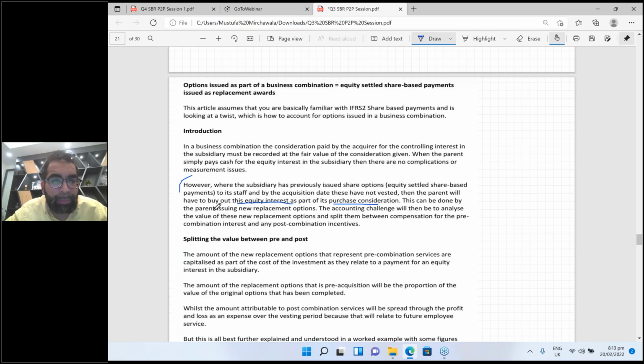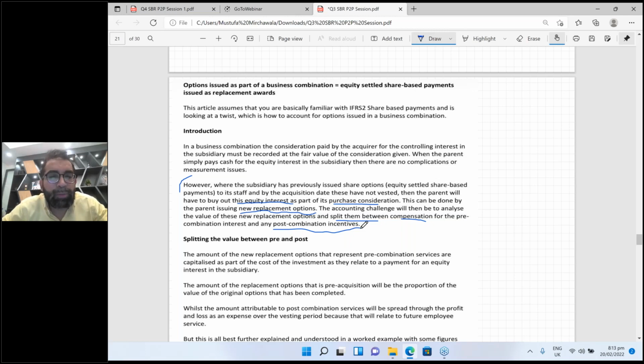This can be done by the parent issuing new replacement options. The accounting challenge will then be to analyze the value of the new replacement options and split them between compensation for the pre-combination interest and any post-combination incentives.